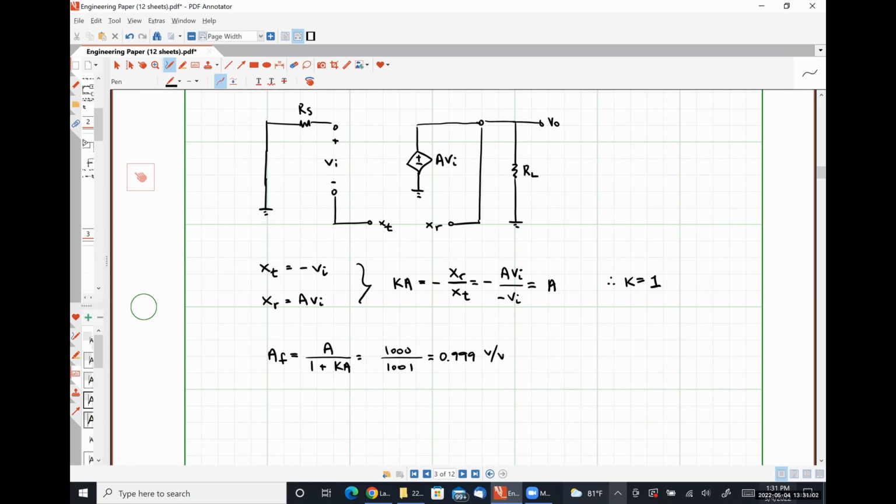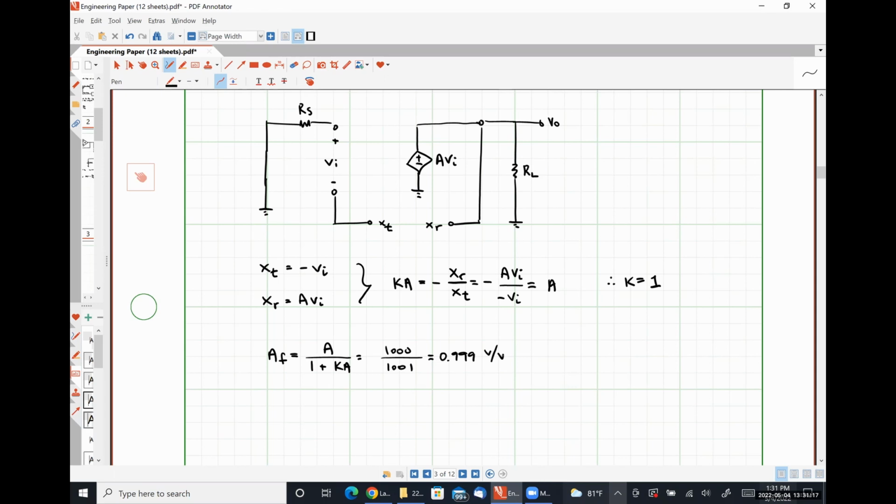Which is pretty much exactly what's expected for a unity gain buffer, which is what this circuit is. Hopefully you guys all remember that, right? We should see a gain very, very close to 1 in a unity gain buffer. That's kind of the whole point.